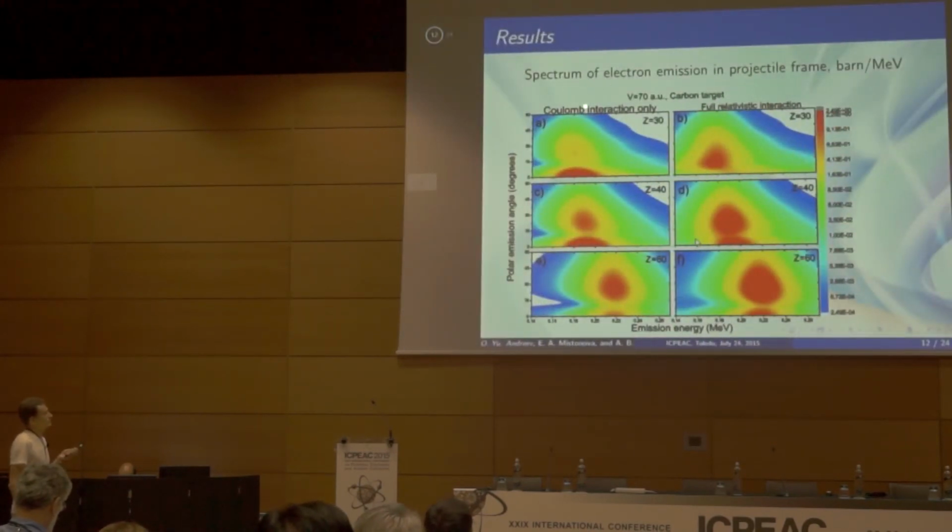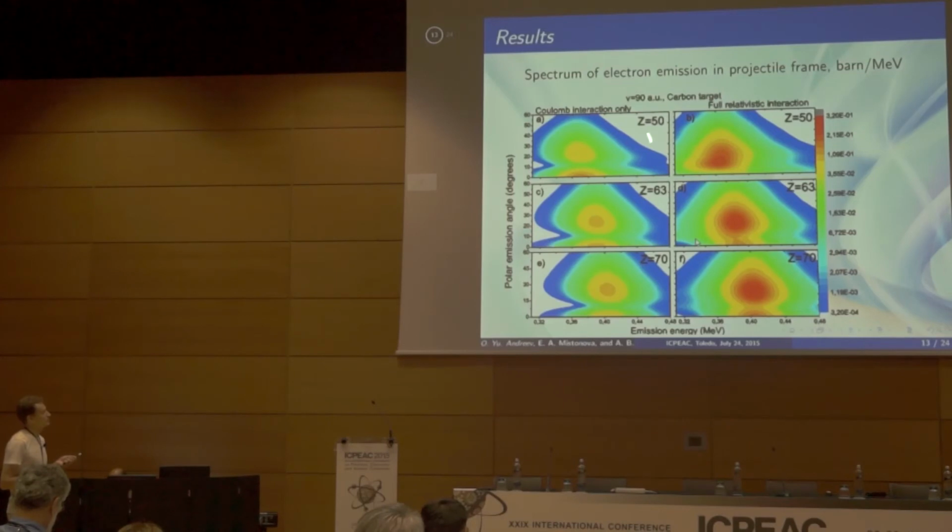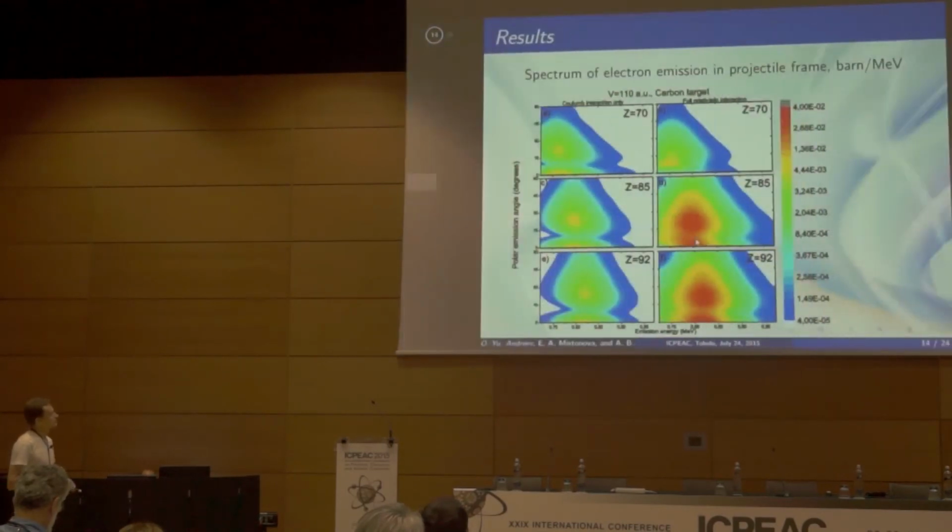Here are results for collision velocity 70 atomic units and for various Z. You can see that transfer ionization is strongly influenced by the Breit interaction, and the shape of the emission spectrum changes when we take into account the Breit interaction. The Breit interaction also increases the cross-section. Here are results for velocity 90, and here for 110, where we see that the influence of the Breit interaction is particularly strong.